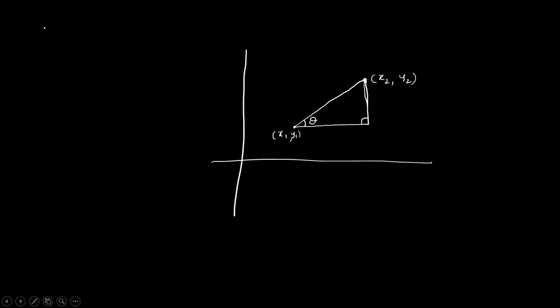Slope is nothing but the angle of inclination of a line, or to be more precise, it is the tangent of the angle, so it is given by tan theta.